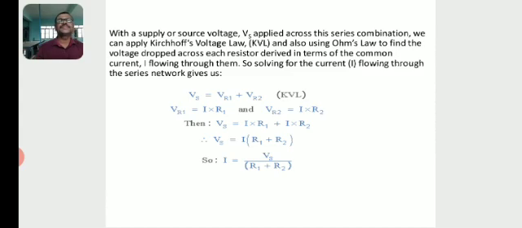Vs is equal to VR1 plus VR2 according to KVL, Kirchhoff's voltage law, Kirchhoff's second law, which states that in a mesh, the algebraic sum of IR products must be equal to the algebraic sum of EMFs in that mesh.